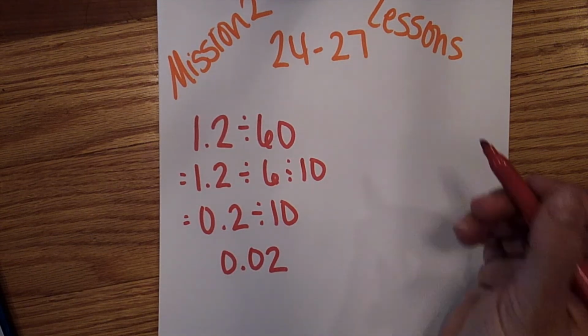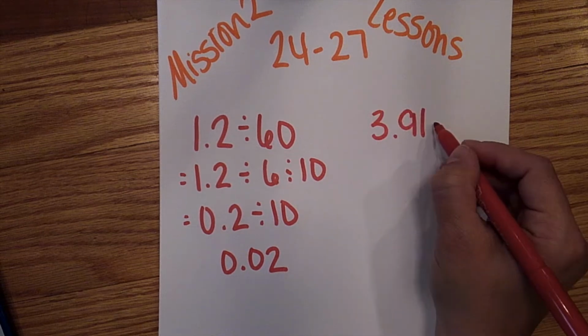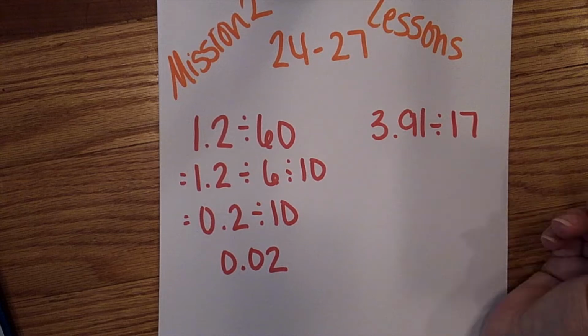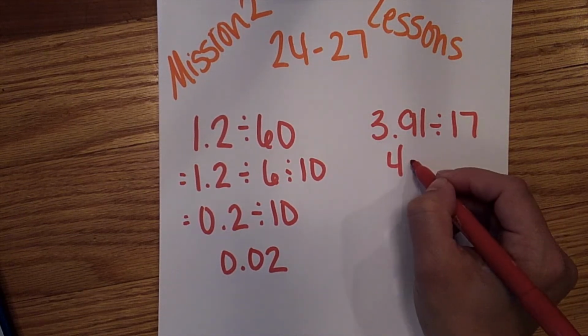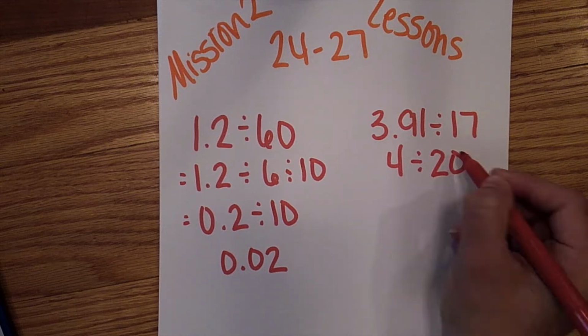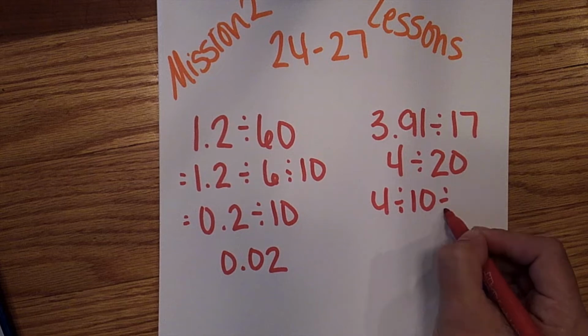You may also be asked to estimate the quotient. So a number like 3 91/100 divided by 17. 3 91/100 is awfully close to 4. 17 is awfully close to 20. 4 divided by, let's break apart that 20 into 10 and 2.